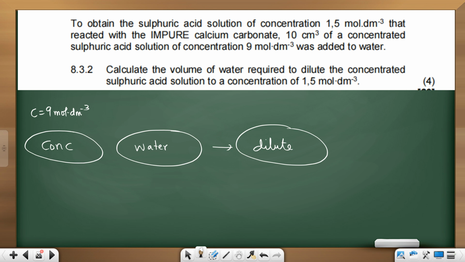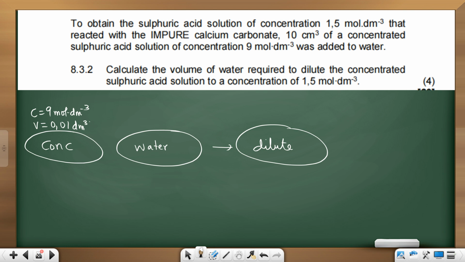Lovely. We were told that 10 cm³ was taken. What is 10? 0.01 dm³. Is that okay? Please check. 10 cm³ was added to water.